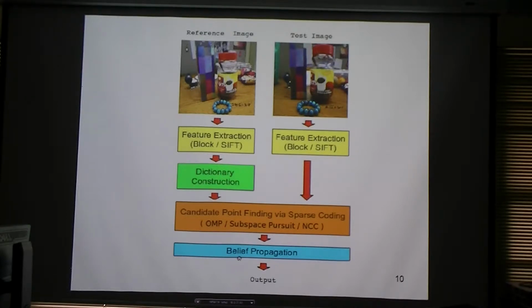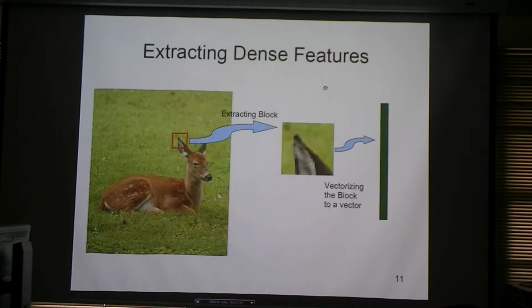And the next step is using the bit propagation for removing the bad candidate points and finding the good candidate points. The last step is the output, warping the reference image to the test image.